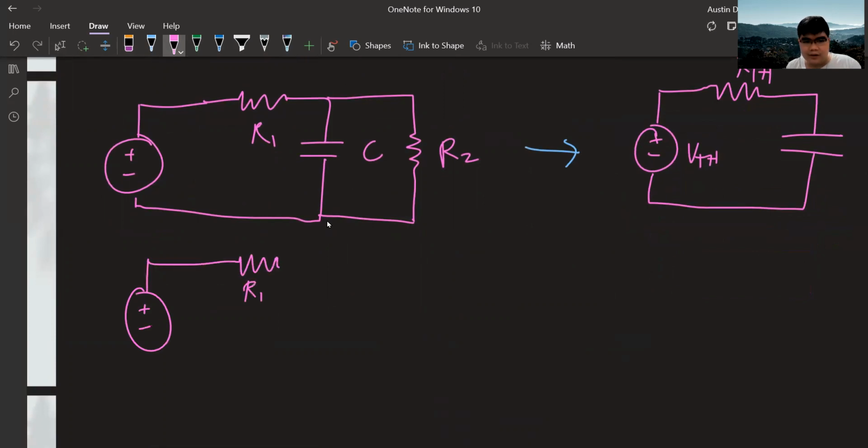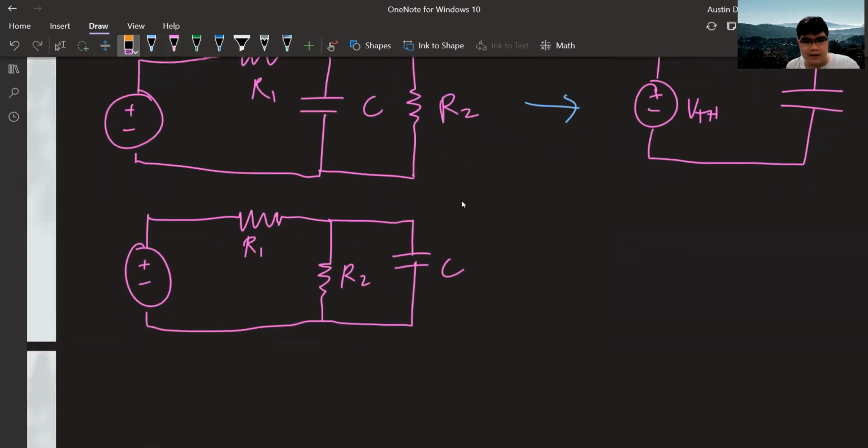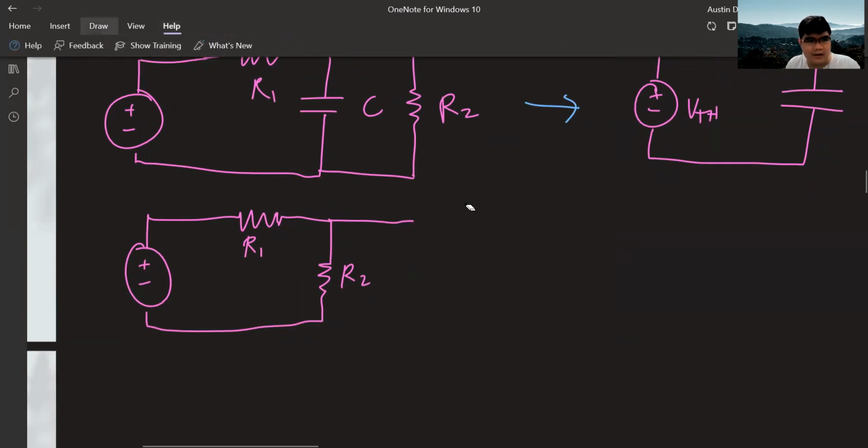Okay, since si C ay parallel with R2, pwede ko silang magbaliktarin without grave implications. So, para madali sa imagination natin kung paano yung mangyayari. Okay, so we have this. Okay, and then I will disconnect this C. Wala na siya. So we have this.